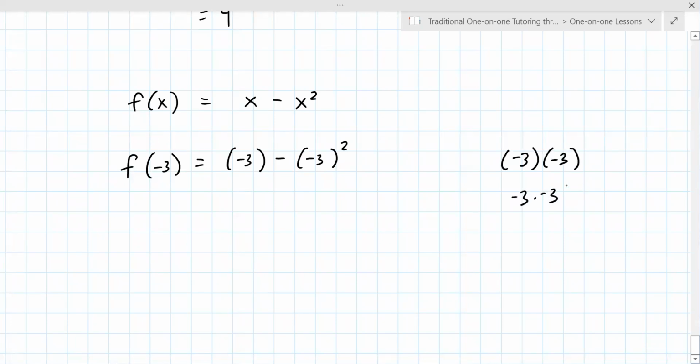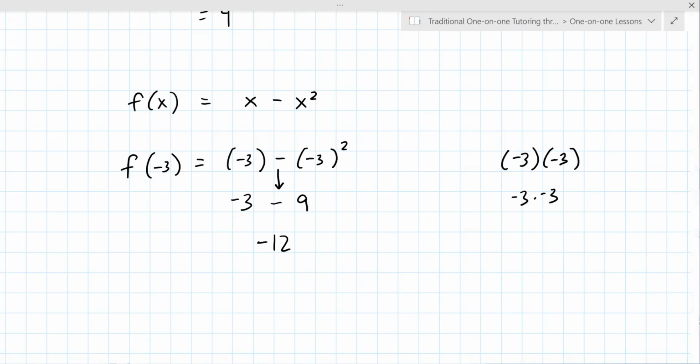You have to be able to get the right sign mainly. That's the main thing you're trying to worry about here. So that's 9. You just bring down the subtraction. And then -12. Good. Okay.